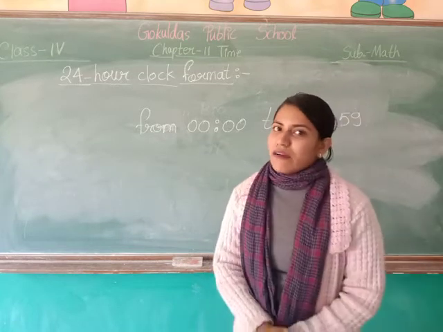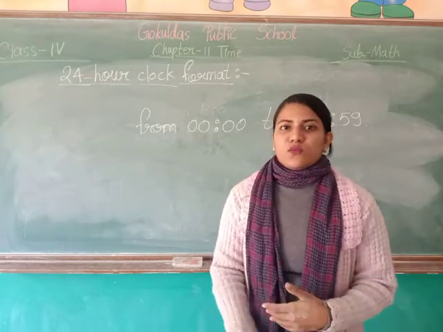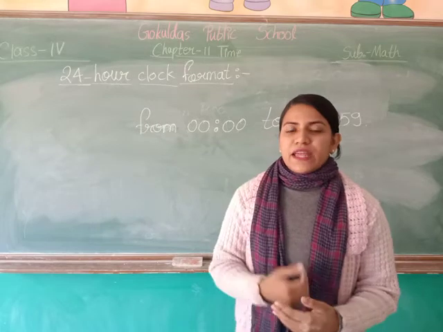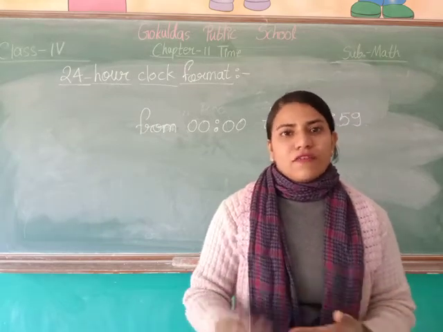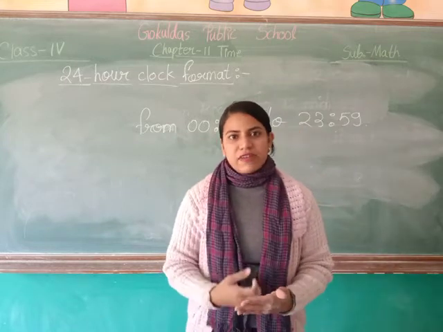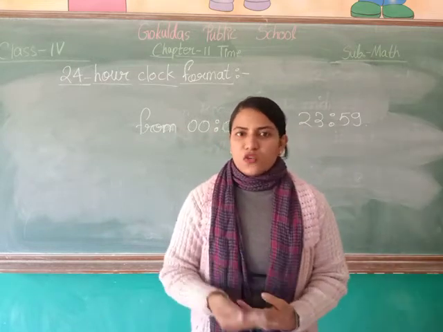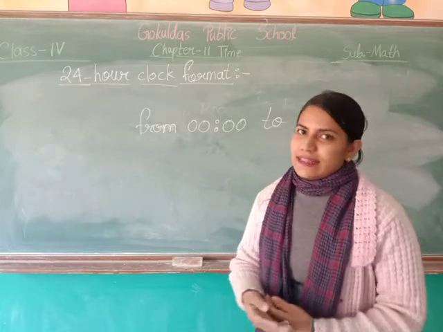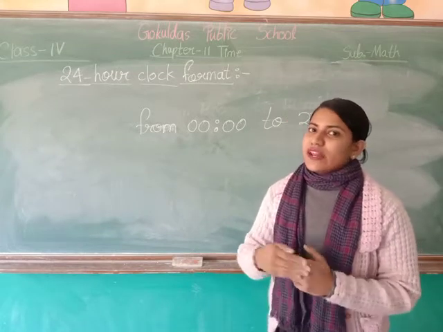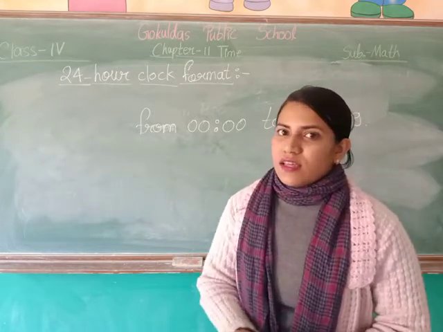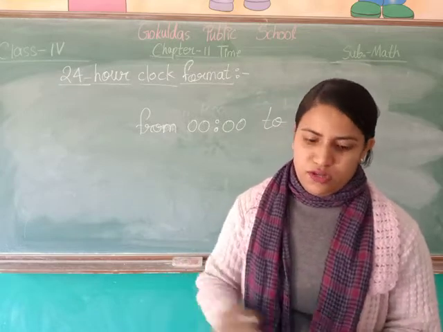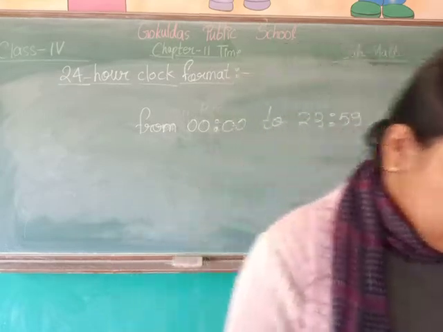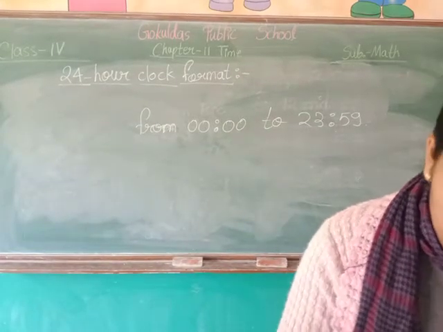For the time after 12 noon, they express the next hours as 13, 14, 15, 16, 17, 18, 19, 20 and so on. After 12 noon, what they use? They express the next hours as 13, 14, 15 and so on. So let me write some points about it.